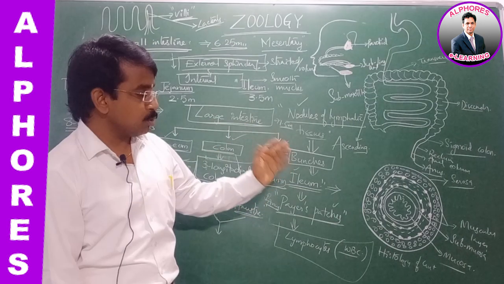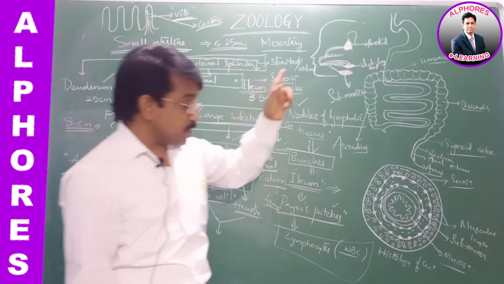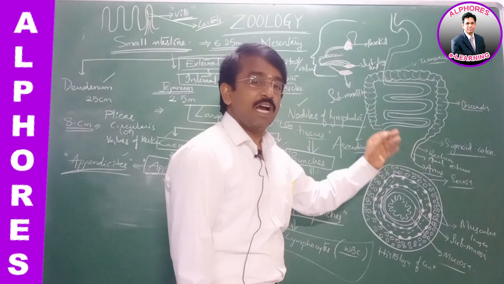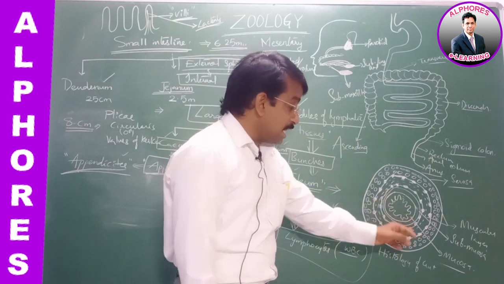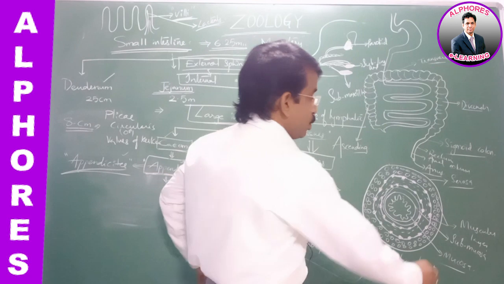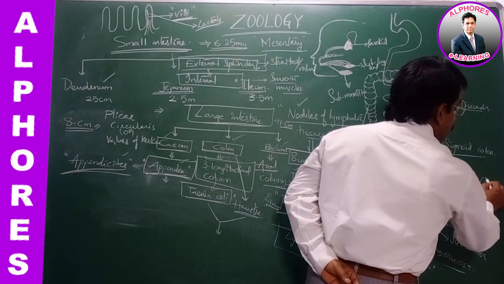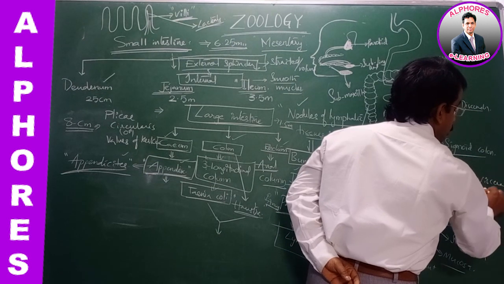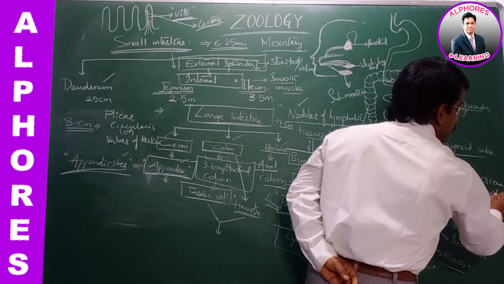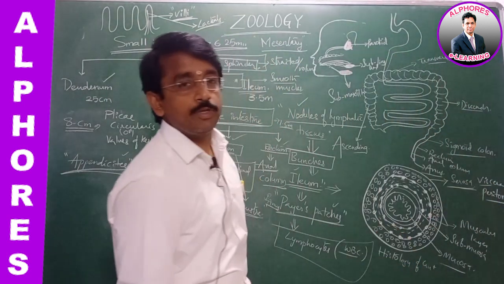What we are about to learn now is what tissues are associated with the gut. Gut histology includes the serosa layer, which is the visceral peritoneum, also named the serosa.